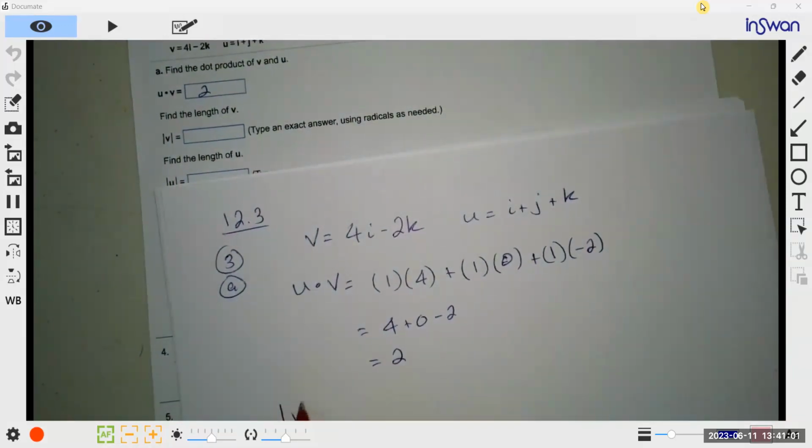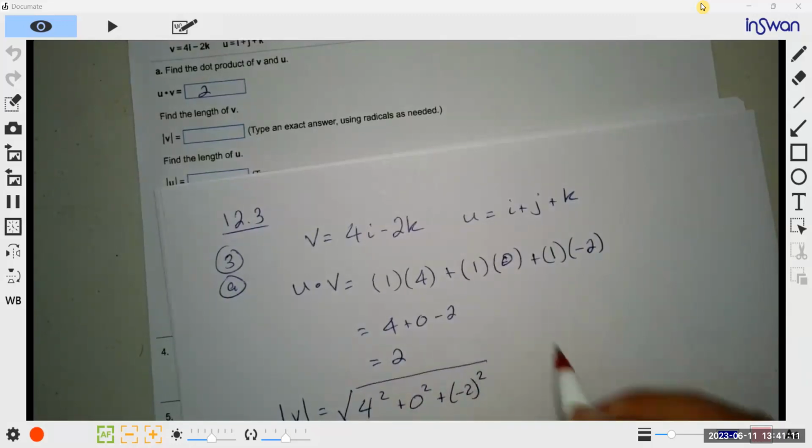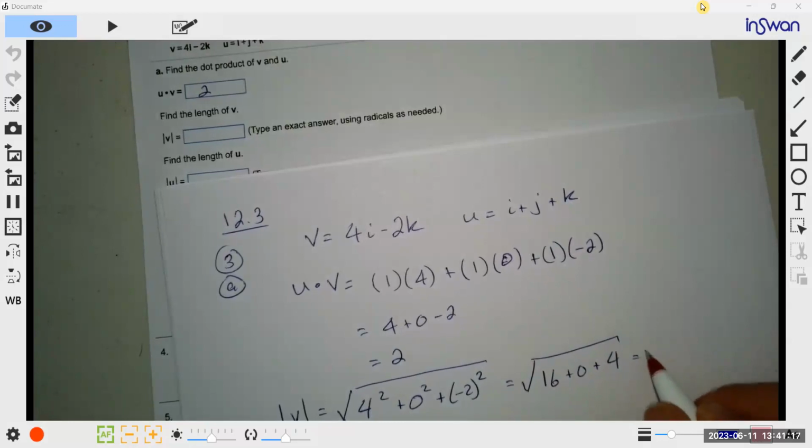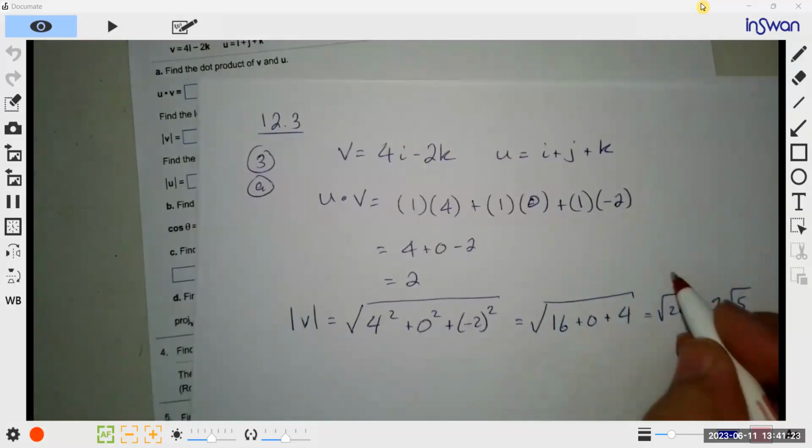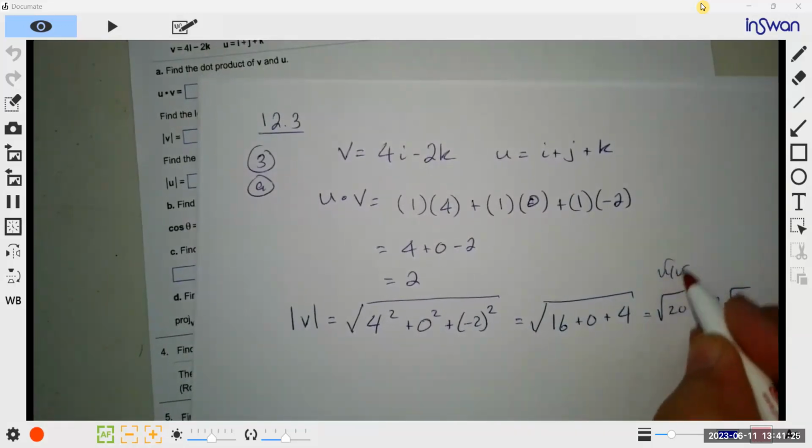Magnitude of v, 4 squared plus 0 squared plus -2 squared: 16 plus 0 plus 4 is radical 20, and that simplifies. 20 is 4 times 5.